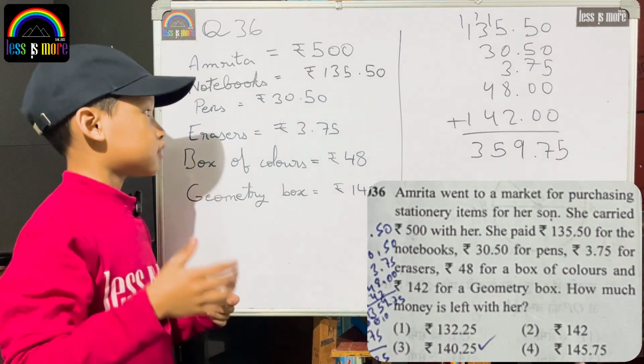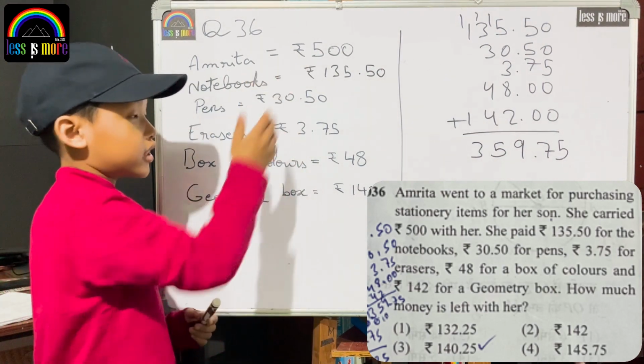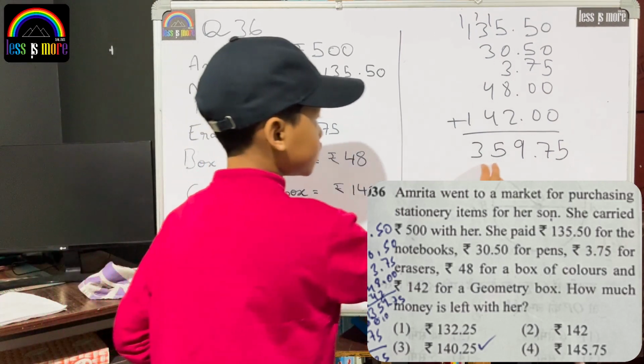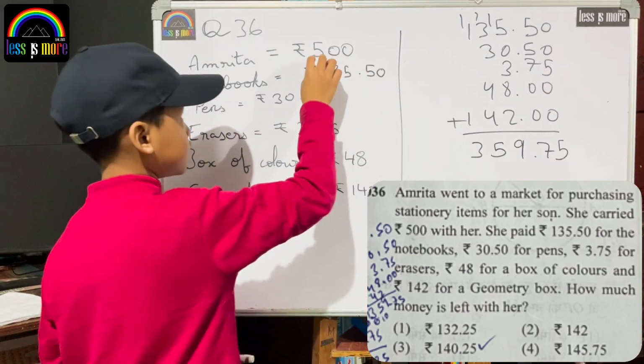So to find the money that is left with her, we have to subtract this rupees 359.75 from rupees 500.